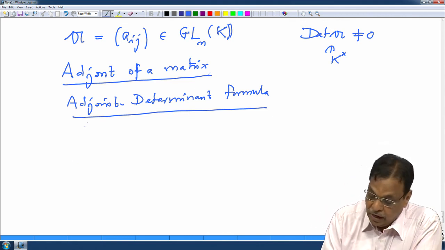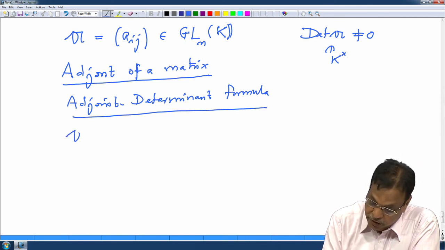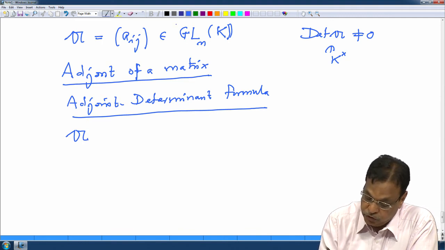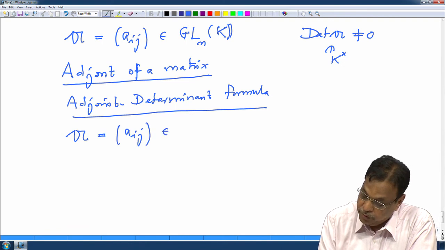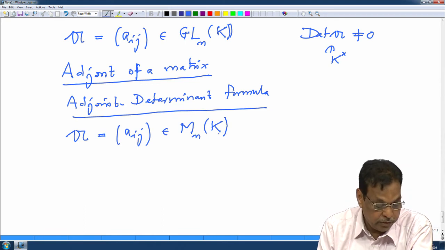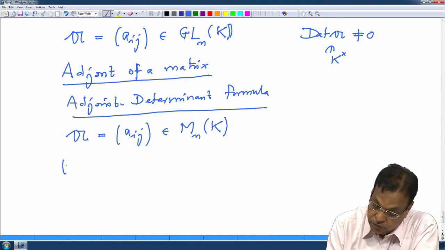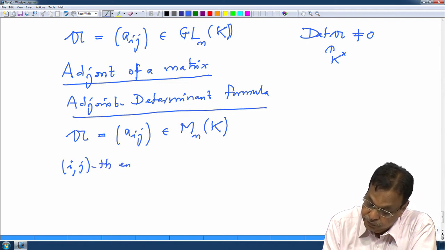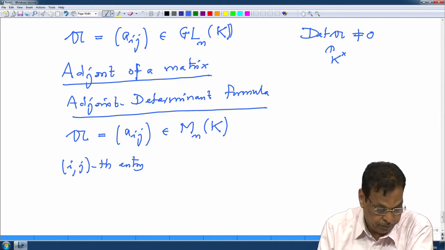So I am now preparing to define the adjoint of a matrix. Start with the matrix A. The adjoint of a matrix is always defined for a square matrix. So start with the matrix A equal to Aij, an n cross n square matrix, and fix the ijth entry. That means I fix the ith row and jth column.